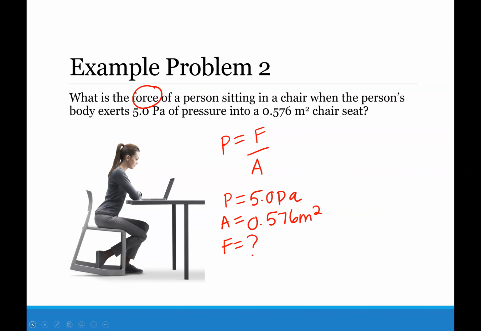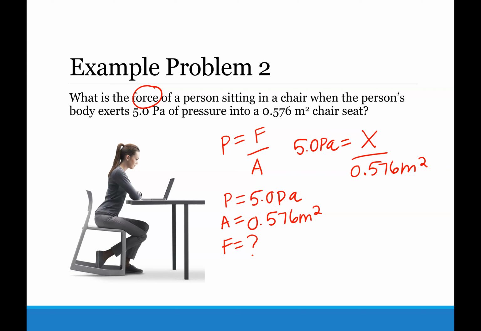So we'll go ahead and fill in our variables. 5.0 pascals equals X, because force is the variable that we do not know, divided by 0.576 meters squared.